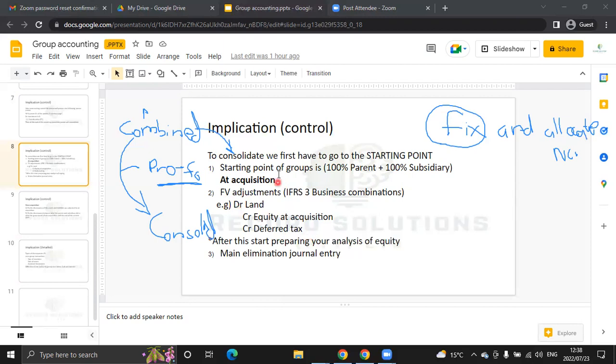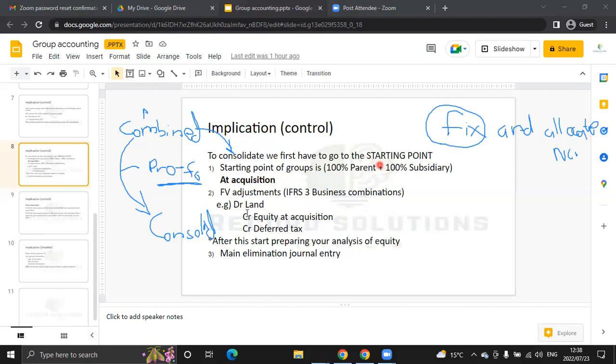Because they're undervalued, you're going to have to increase them. So you just say intangible asset you debit, equity at acquisition you credit. And let's say it was overvalued, you are just going to credit the intangible asset and then debit equity at acquisition.